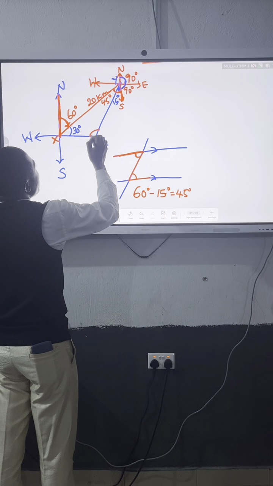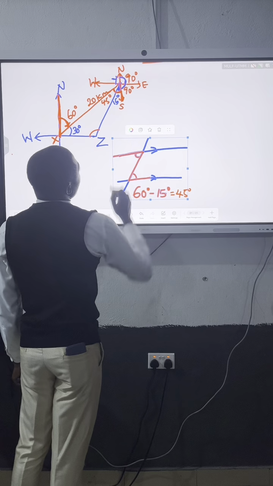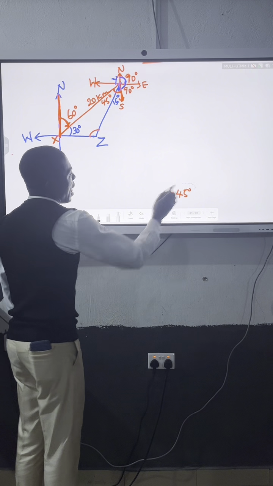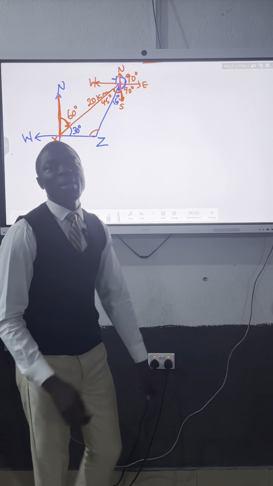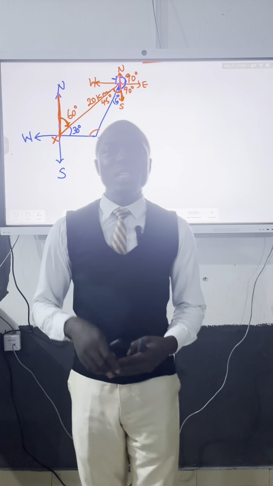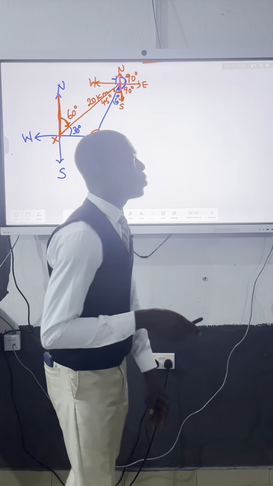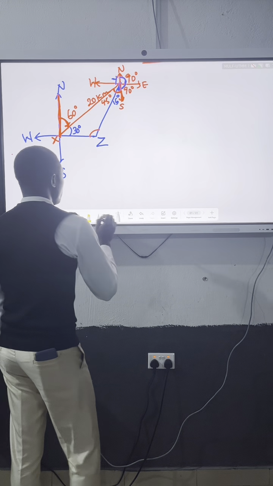Then we can quickly complete this place. How? We use the idea of the sum of angles in a triangle. The sum of angles in a triangle is equal to how many degrees? The sum of angles in any triangle should be equal to 180 degrees at all times. So we're going to do it this way.